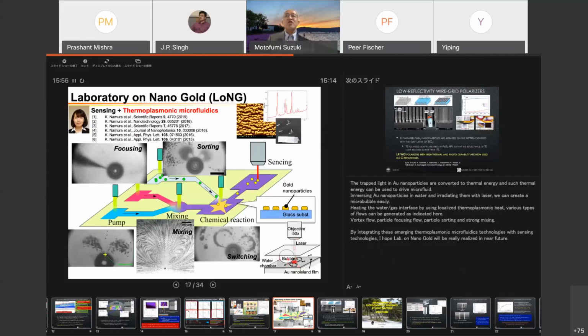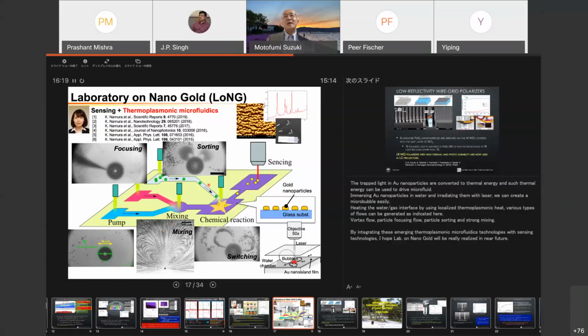By heating the water-gas interface using the localized thermoplasmonic heat, various types of flows can be generated as indicated here: vortex flow, particle focusing flow, particle sorting flow, and strong mixing is also possible.